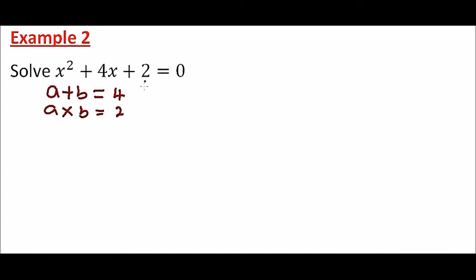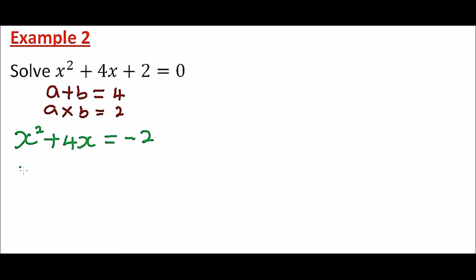So we write our equation like this. We have x squared plus 4x. We take 2 to the other side, it becomes minus 2. So we look for a number that we can add here to make this a perfect square.